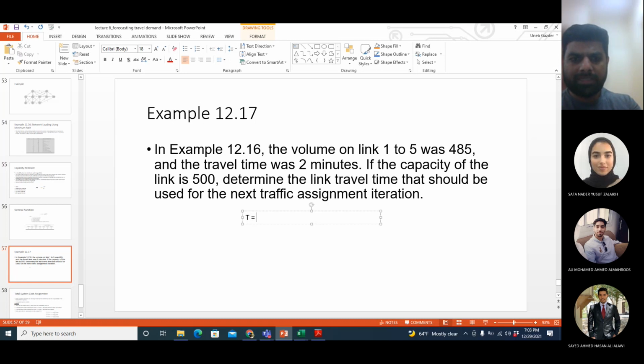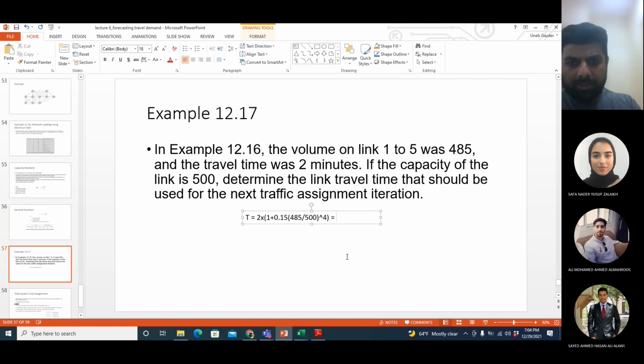T naught is 2 minutes. So it is 1 plus 0.15. Again, I'm using the US DOT values, because I don't know which type of highway it is and its speed. Volume is 485, and capacity is 500, to the power 4.